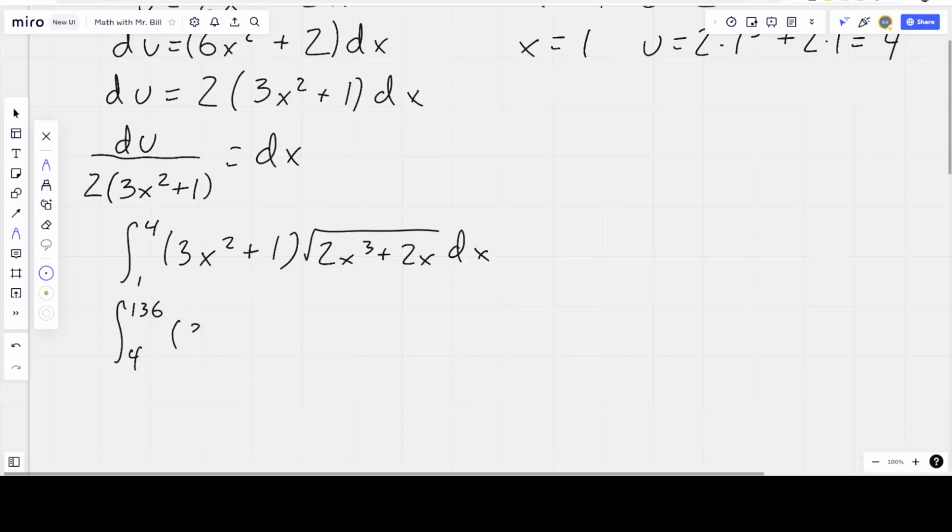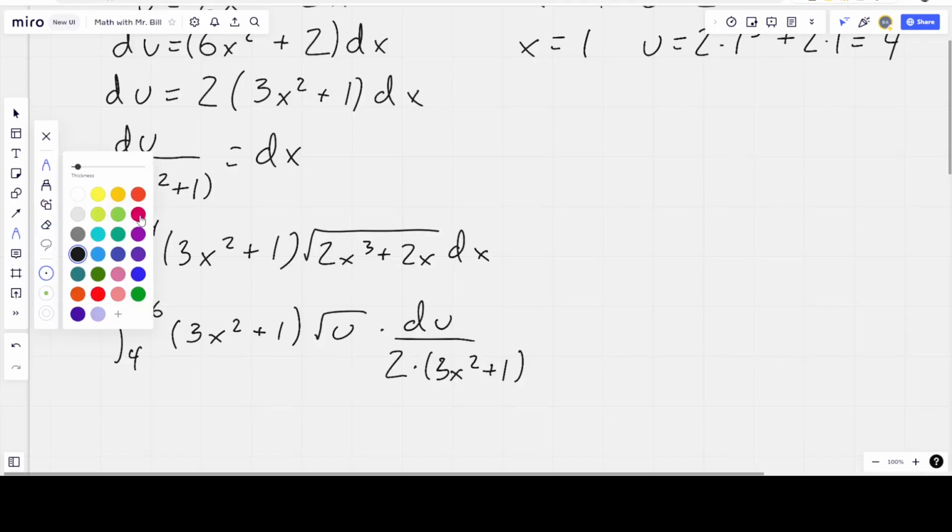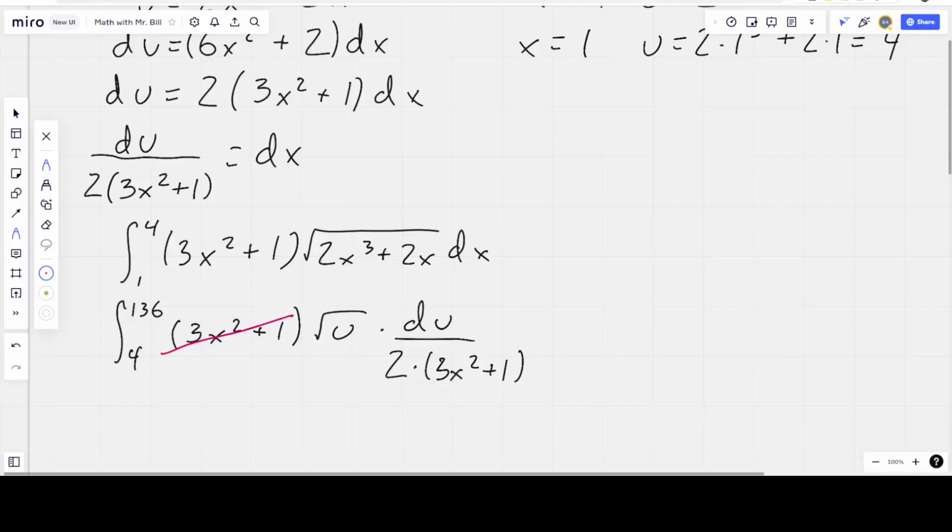We don't have anything to replace the 3x squared plus 1 just yet, but then we have the square root of u. And then dx we're going to replace with du over 2 times 3x squared plus 1. So there's our 3x squared plus 1 that we're going to be able to use to cancel this factor right here.